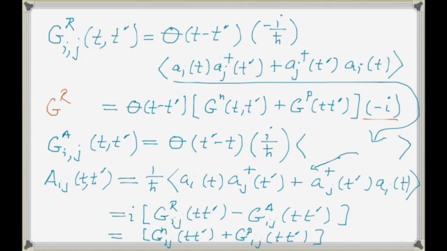And these are just some relationships that hold true that we've already derived previously in that single quantized representation that we've been working with all quarter, and now you can still see that these relationships still hold true in the time domain and in the second quantized representation. We derived A is i times G^R minus G^A in the energy domain with the Green functions we were working with previously. You can see these definitions preserve all those relationships that we had before.